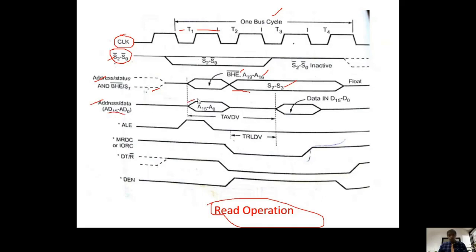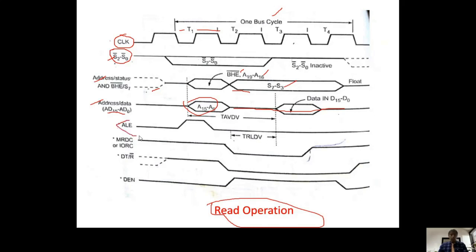During T1 they act like address lines, and the remaining time they act like data lines. So the data lines are available from T2 to T4. Before T1 they act like multiplexed lines; during T1 they are processed into pure address lines, and for the remaining time T2 to T4 they act like pure data lines.